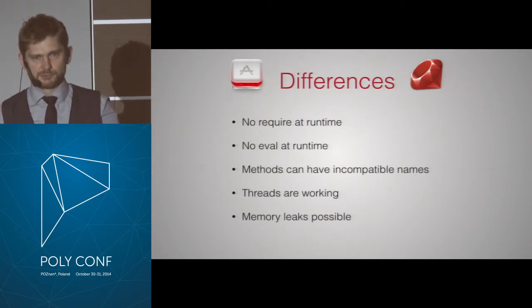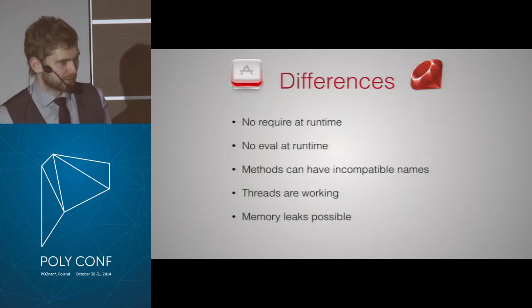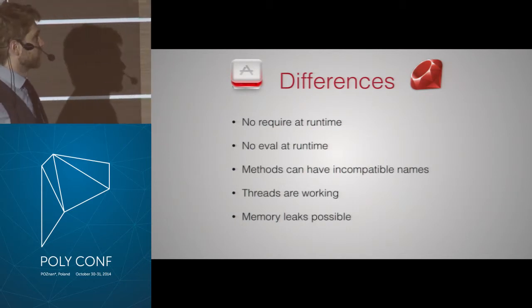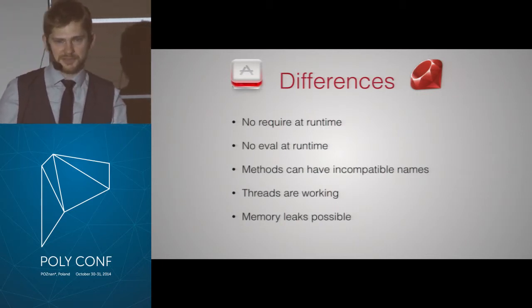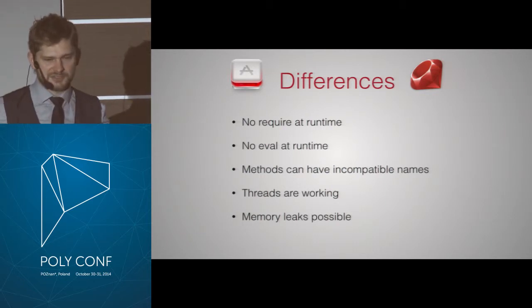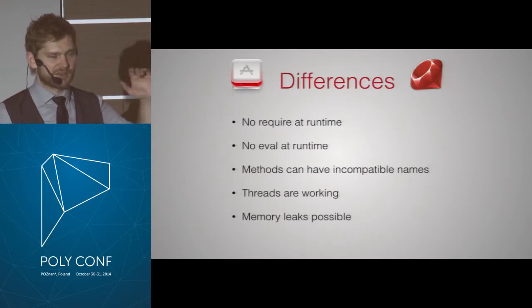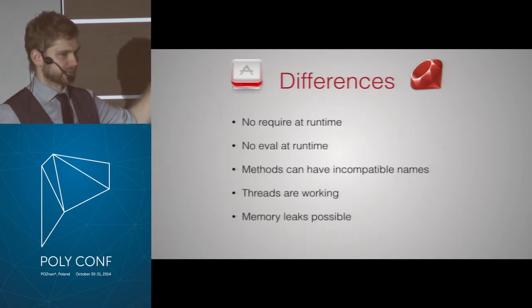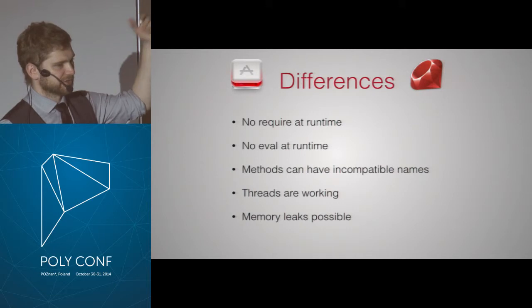Some methods in RubyMotion have incompatible names. If any one of you programmed anything in Objective-C, you know that if a method has two parameters, the parameters are split between method names. So let's say you have a method move by x and y. The method name in Ruby would be move_by and then parameters.